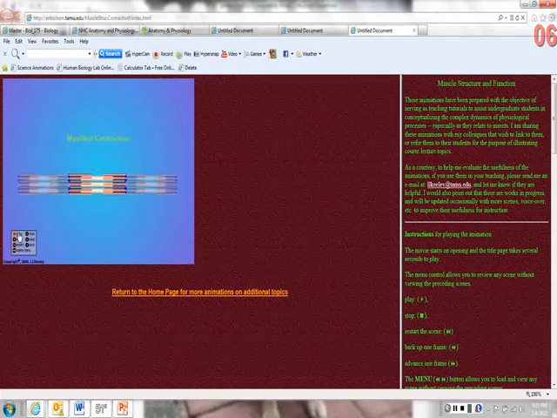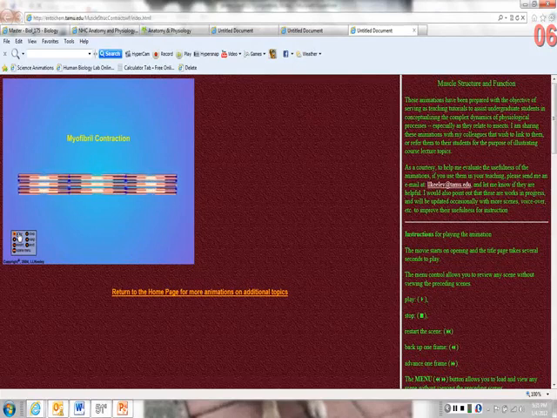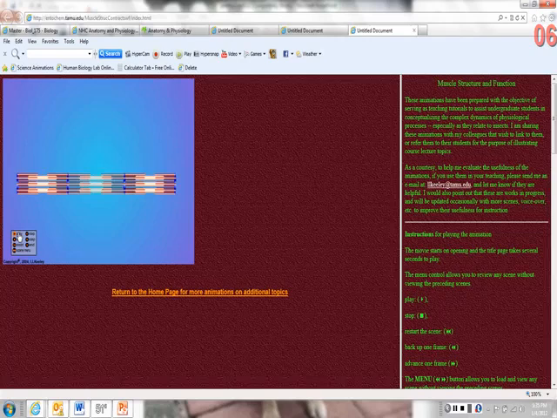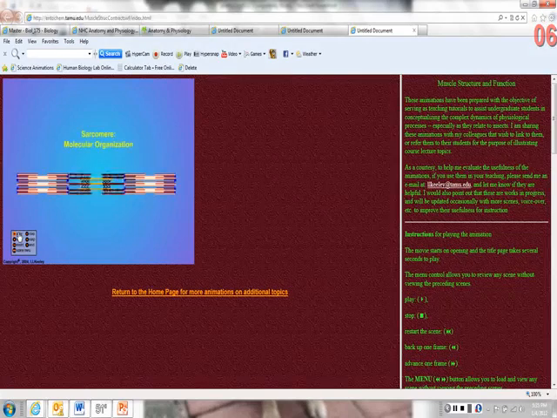So this shows a sarcomere contracting, the filaments sliding past each other. And when we have multiple sarcomeres next to each other, each sarcomere shortens a little bit to shorten the entire muscle fiber.